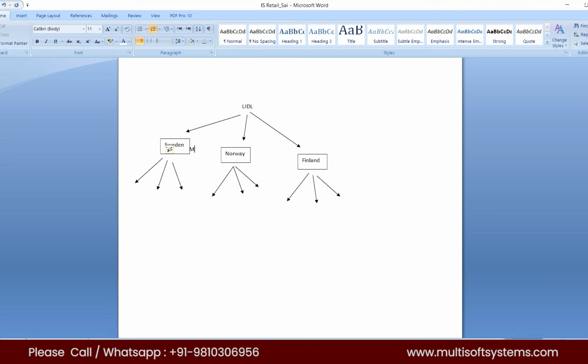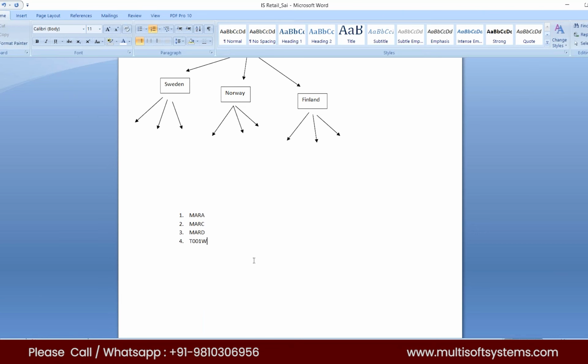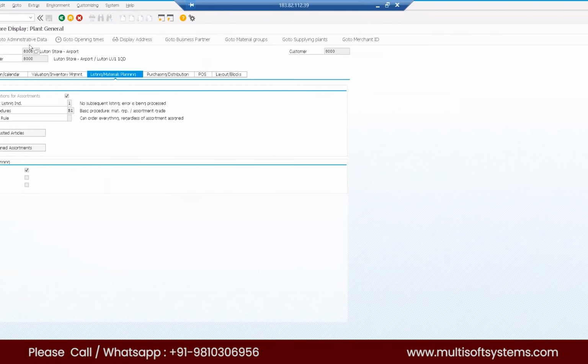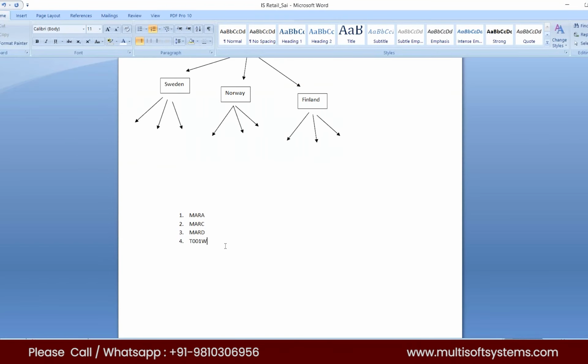You know about the MARA table, and the MARC table is also important. MARD. T001W is the table where you will be able to see the store relevant information. Whatever configuration we are making here for the stores, the configured information we will be able to see in the T001W table. There is also a transaction called WSPK. We will come to that later.